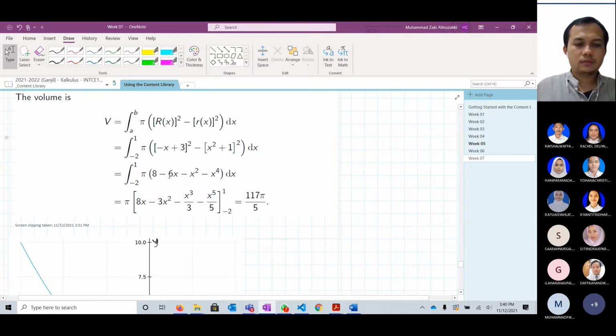This one, the 8? Yeah, the 8. The 8 comes from here: 3 squared is 9, minus 1 squared is 1, so 9 minus 1 is 8. Just trying to explain.